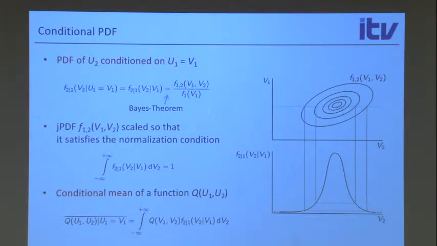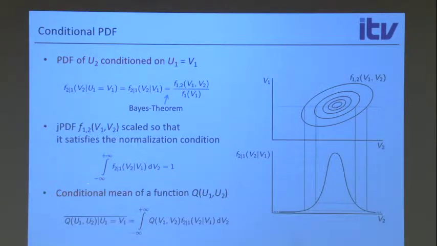And now if I integrate this, I can easily show that it is normalized. That's called the Bayes theorem, because it relates the conditional PDF, the marginal PDF, and the joint PDF.